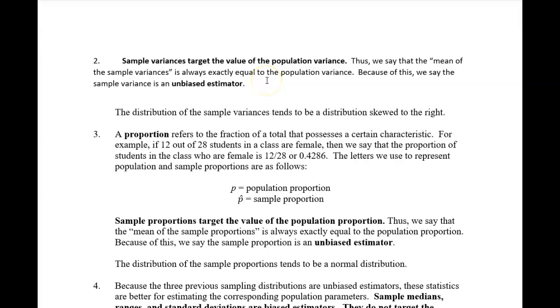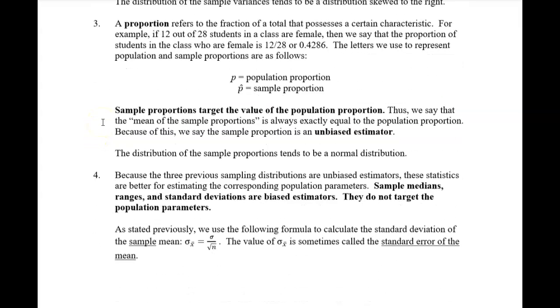That data from the sample will give you information that allows you to draw conclusions about those parameters of the population. The distribution of the sample variances tends to be skewed to the right a little bit, but we're not going to worry about that too much.